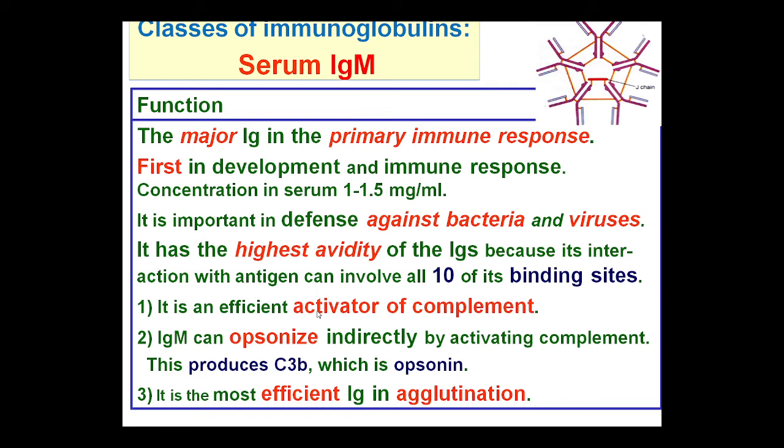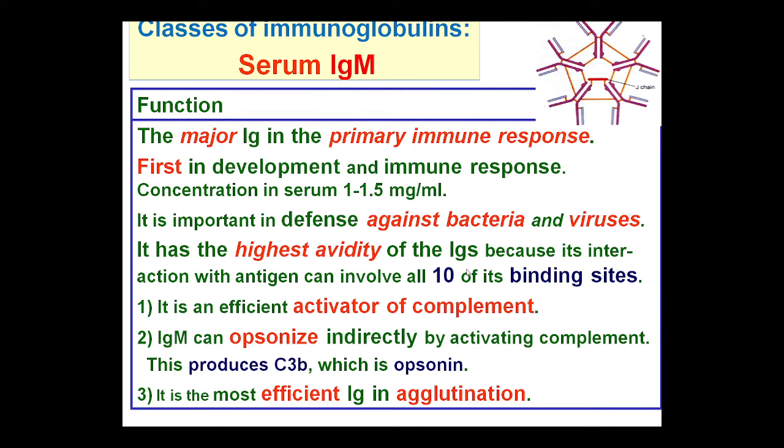As a result, many C3b molecules appear, and these C3b molecules serve as opsonins. It means immunoglobulin M does not directly attach the surface of bacteria to the phagocyte, but indirectly stimulates the appearance of these components of the complement system, C3b.